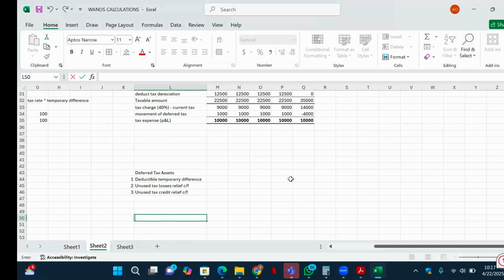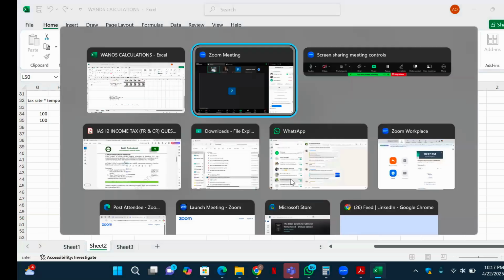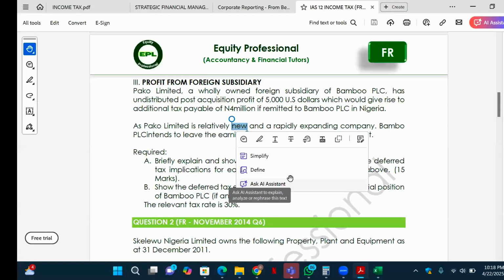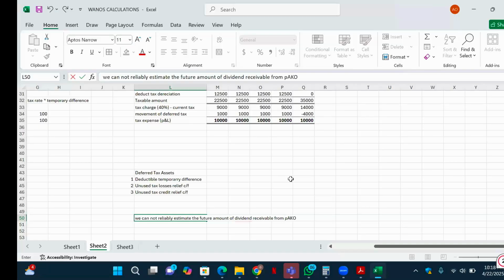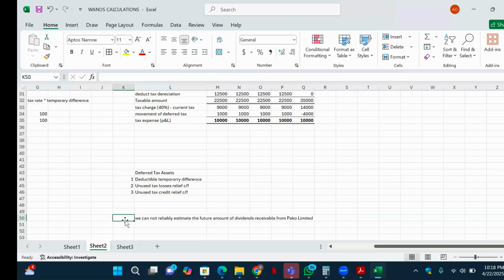We cannot reliably estimate the future amount of dividend receivable from Baco Limited. Let's keep it short like this. We cannot reliably estimate it, and I believe that this one should be easy.